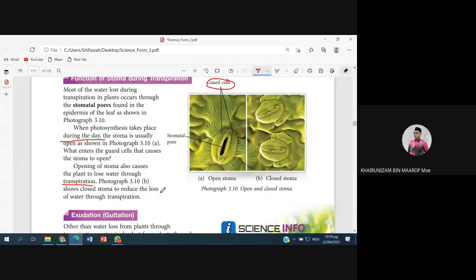Normally, on a hot day, the stomata will close, to make sure the plant doesn't release too much water vapor.